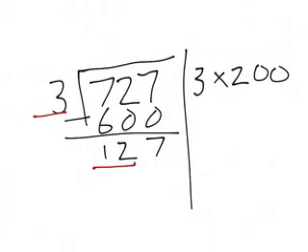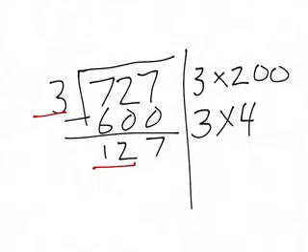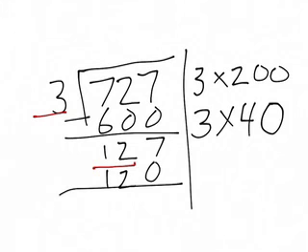And so if I multiply 3 times 4, I would get 12. If I multiply 3 times 40, I would get 120. That's going to knock a lot off right away. So I end up with 7.